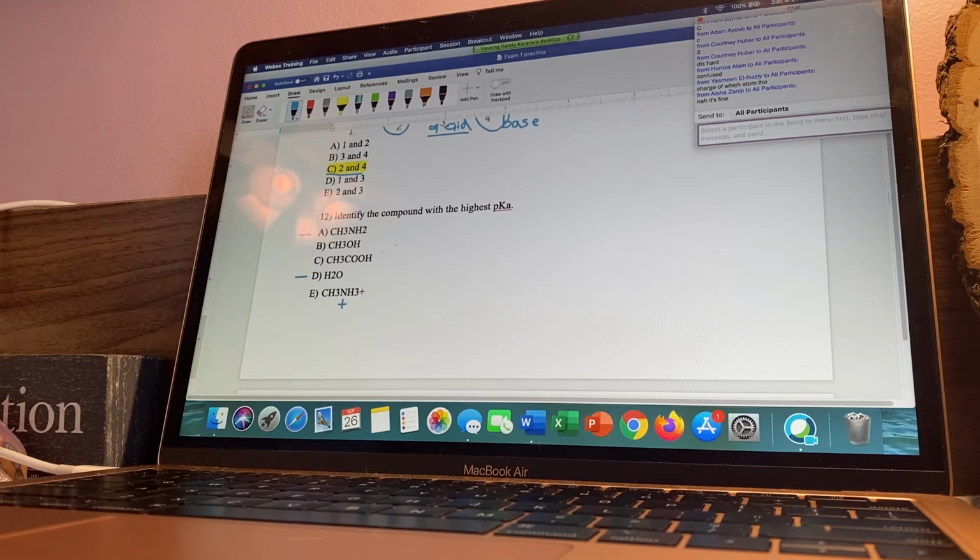So the best thing we can compare the letter B with is letter A, because if you have two of the same exact molecule, but one of them is protonated and one of them is not, then of course the more protonated one is going to be more acidic. And so since we're looking for the highest pKa, we can cross that out, right? Because plus charge is going to be more acidic, but we're looking for less acidic. So you can cross out the more acidic one. And now, what else can we compare? What can we compare A with?